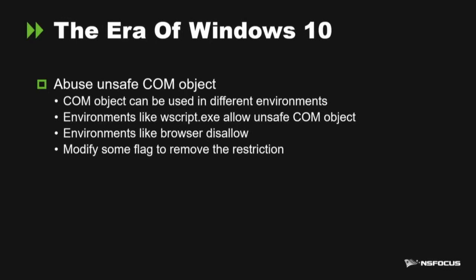But how to determine which environment the current process is? It is determined by some flags. So we can use the read-write primitive to modify those flags and remove the restriction. So we can, in the web browser, instantiate those unsafe COM objects and create a new process.